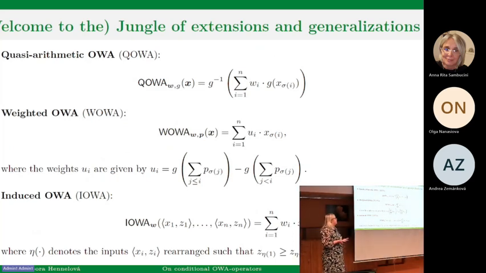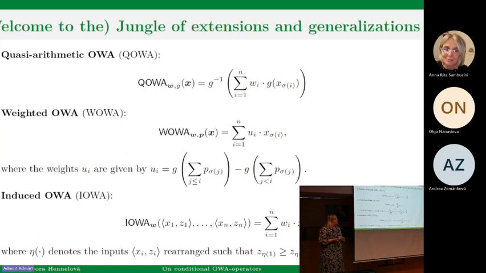The vector p plays the same role as the weighting vector in weighted means, and the vector w plays the same role as the weighting vector in OWA operators. The last but not least generalization is so-called induced OWA, in which inputs are rearranged with another variable called the induced variable.